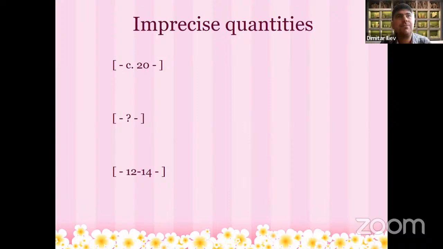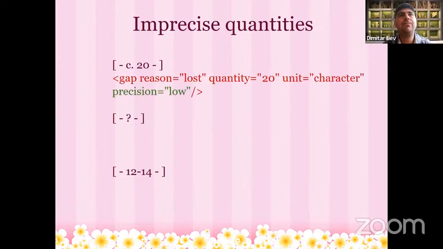Imprecise quantities. You can have a gap, a lacuna of circa 20 characters missing, or an unknown amount of characters or lines missing, or something between 12 and 14 characters missing, depending on how many ligatures were there in the original inscription at that place, which is now a lacuna.